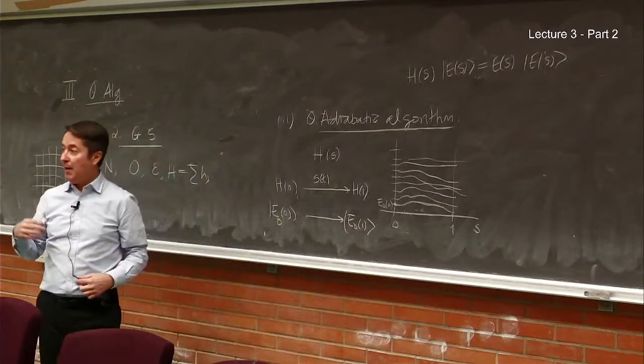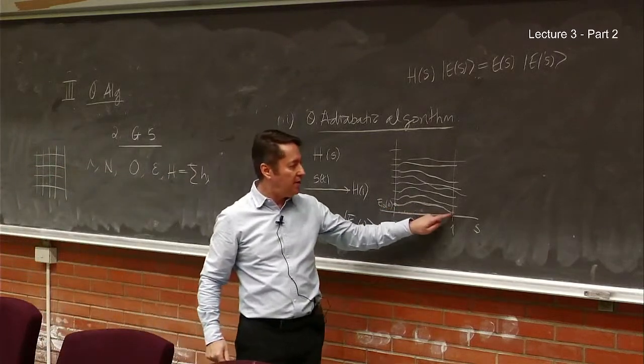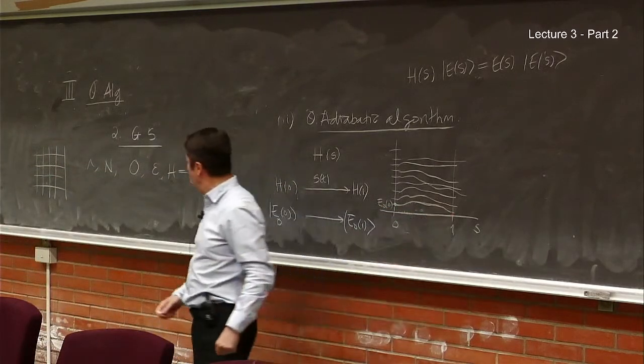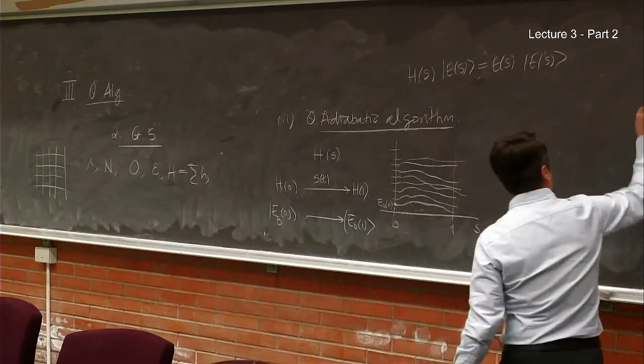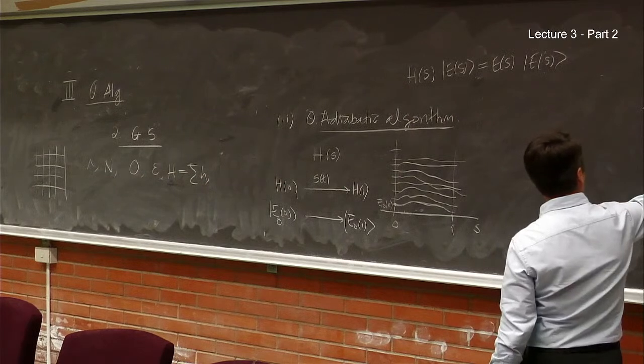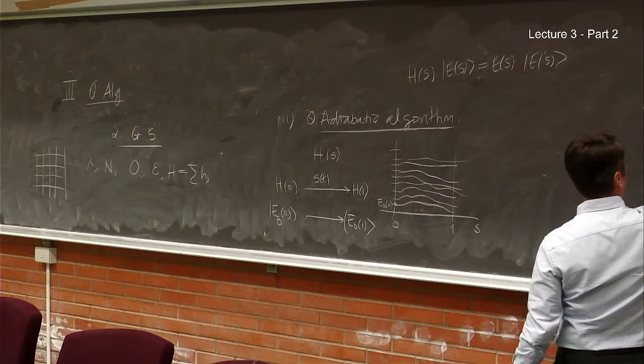And so this automatically gives you a way of preparing ground states of Hamiltonians. You give me this H, let me call it H tilde at S equal 1.